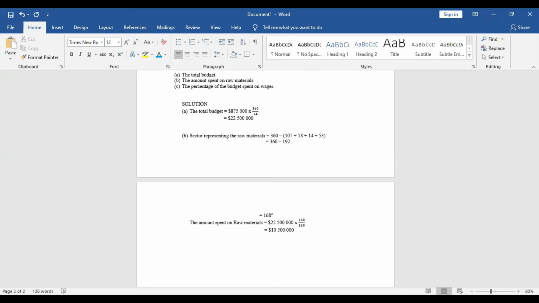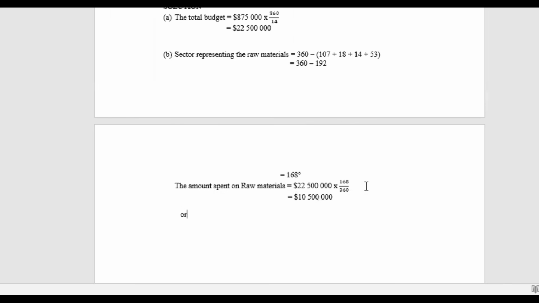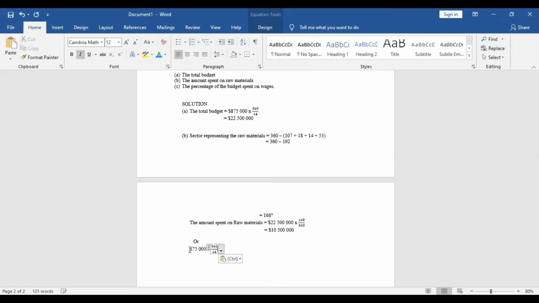Or I'm sure some people are thinking about this way, where they use the 14, not the 14 degrees, where they use the figure 875,000. So you could have done it this way: 875,000, and instead of having 360 at the top here, it will be 168, divided by 14.